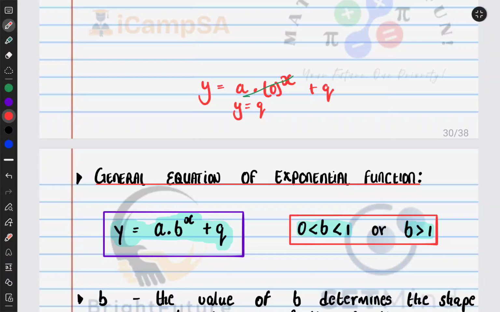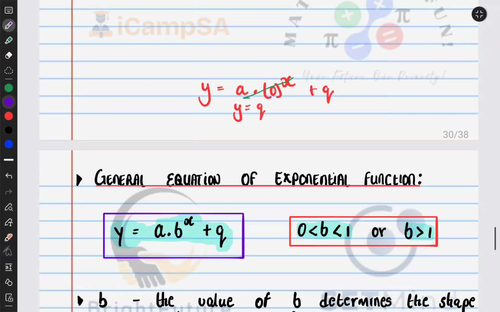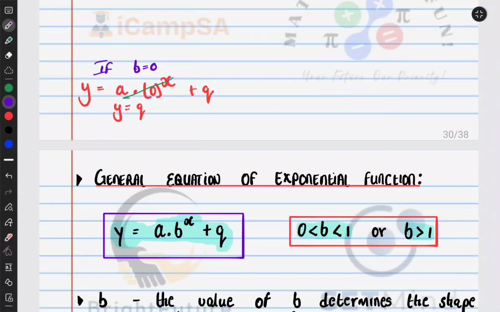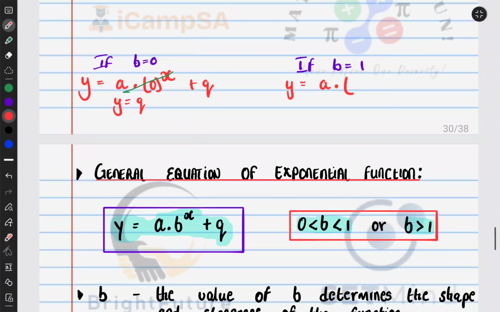Let me write it like this: if b becomes 0, we get that. Then let's assess what happens if b becomes 1. If b were equal to 1, then y is equal to a times 1 to the power of x plus q.